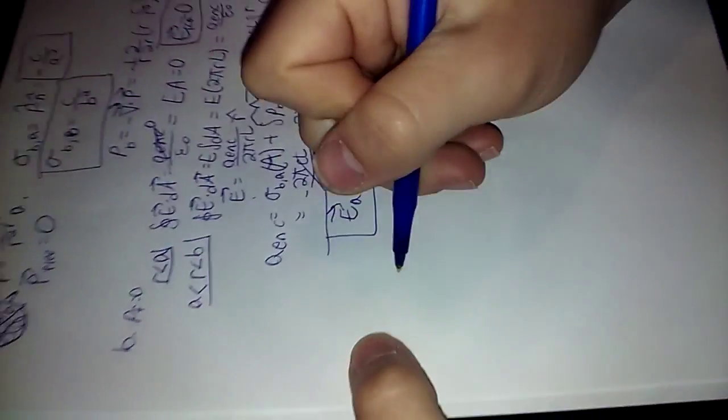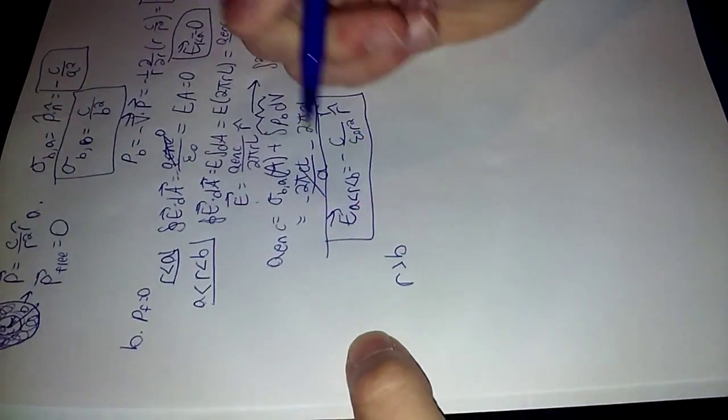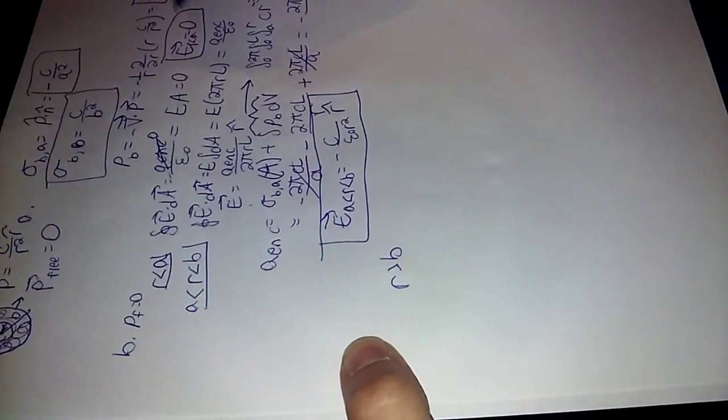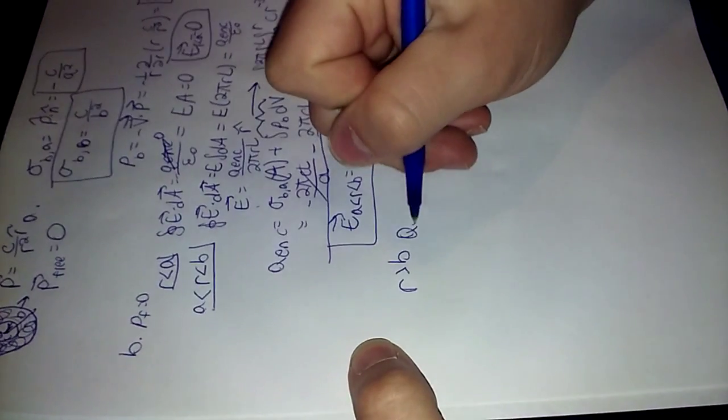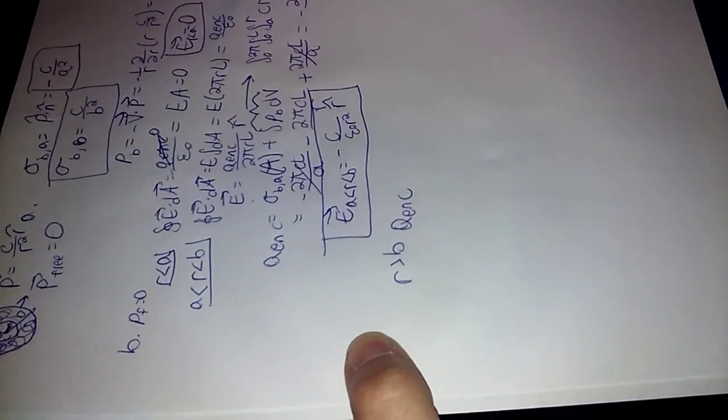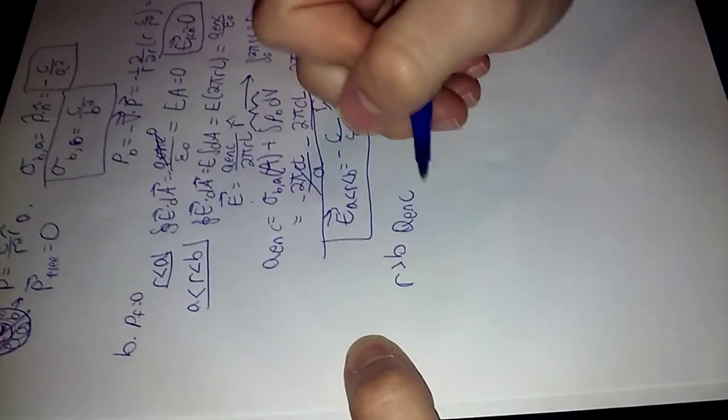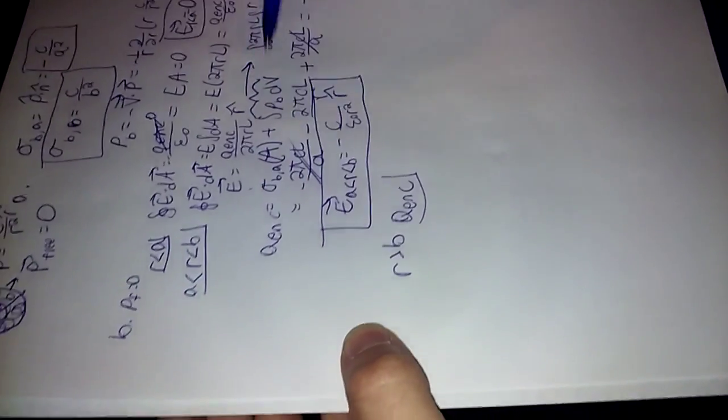And lastly, for R greater than B, we have the same expression right here, but now we just need to find what Q enclosed is. So for Q enclosed, we go back to, these parts are still going to cancel.